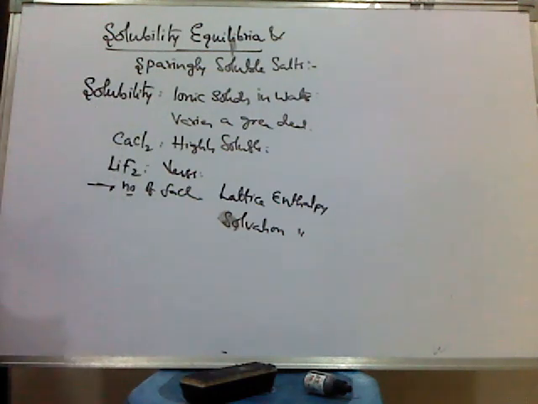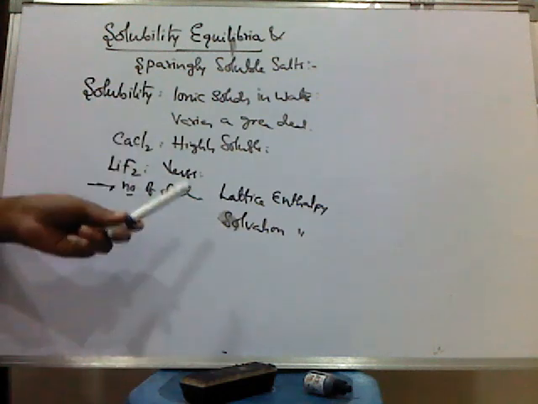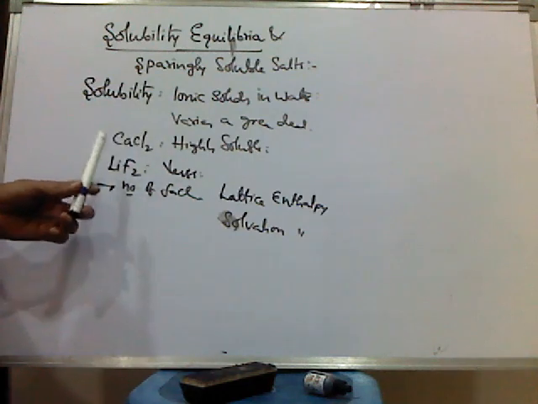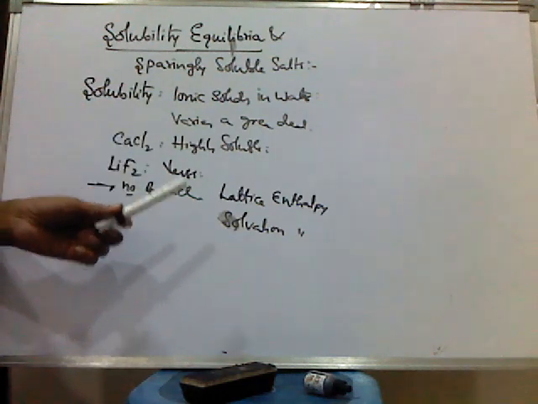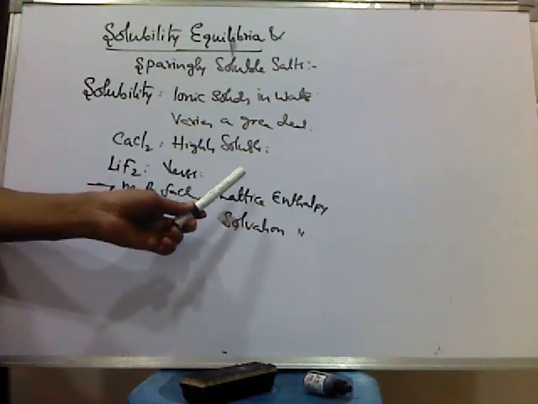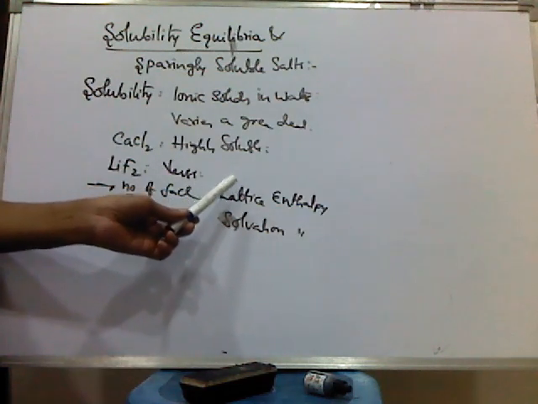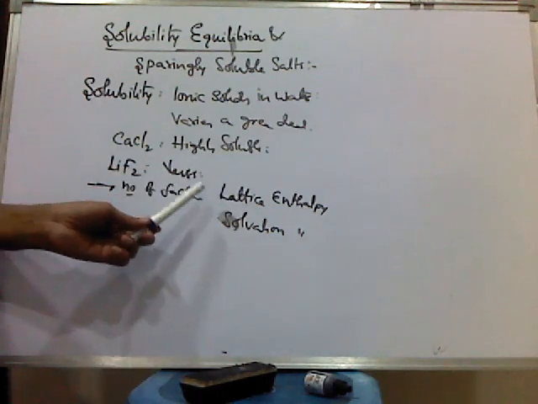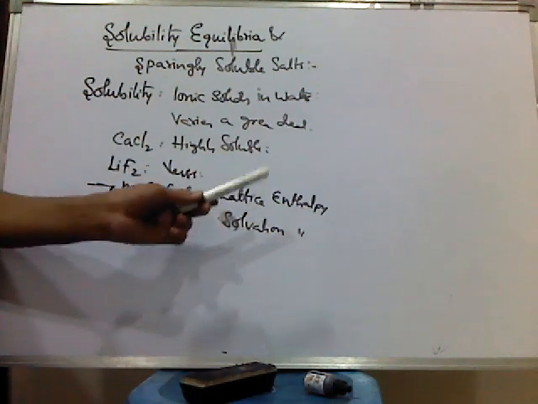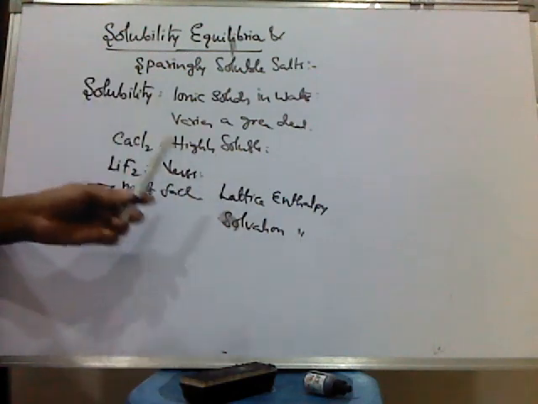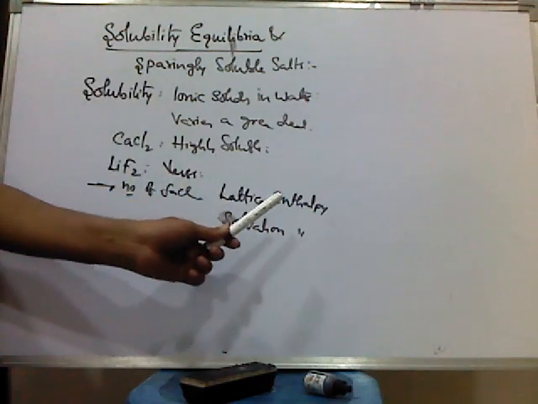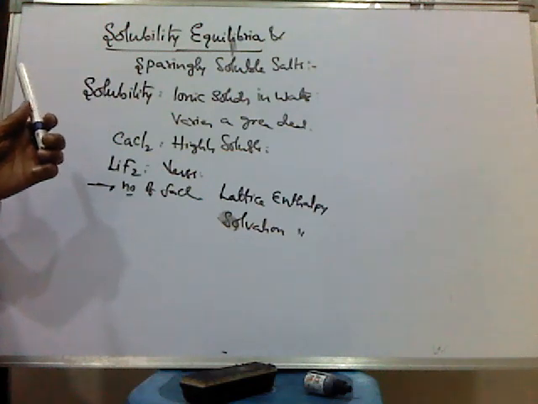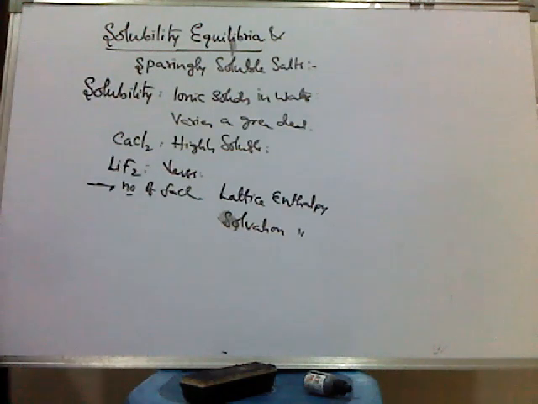So the important factors which affect the solubility of an ionic solid in water are, one, the lattice enthalpy of the salt, and the second one, the solvation enthalpy of the ions in a solution. Now, what is lattice enthalpy?